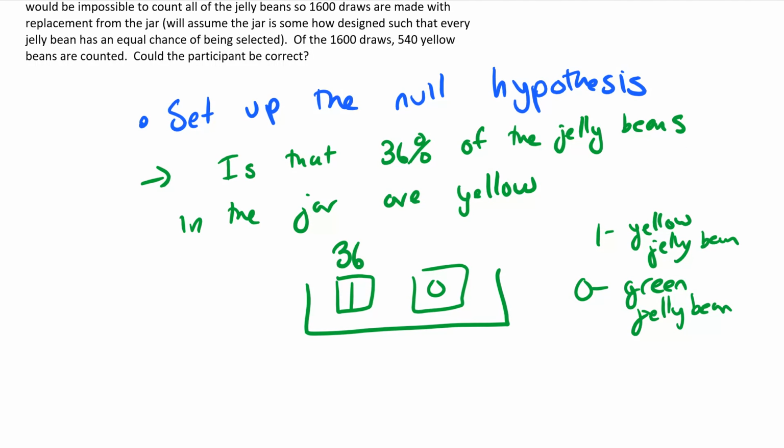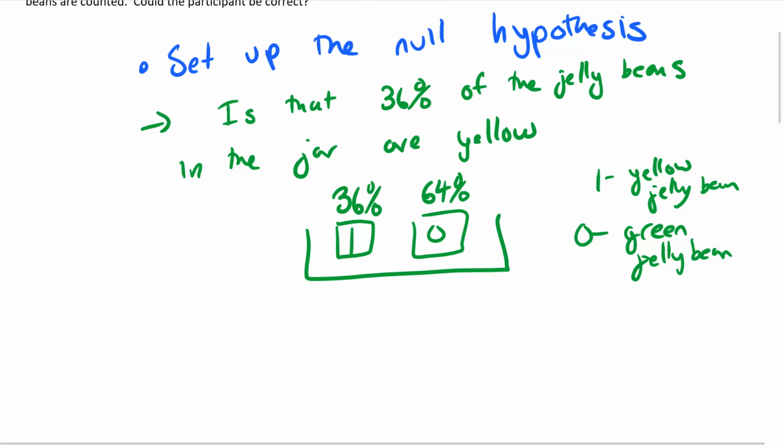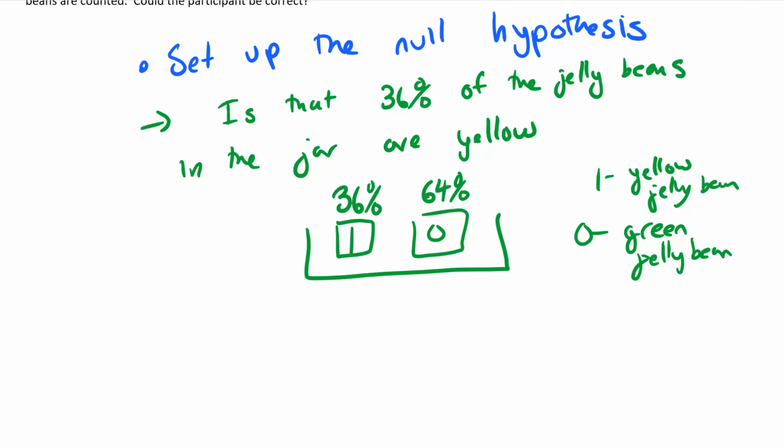We know 36% of the tickets, of the jelly beans rather, are yellow, which means that 64% of the tickets in our box model must be 0. The number of draws is the size of our sample, which in this case is 1,600.